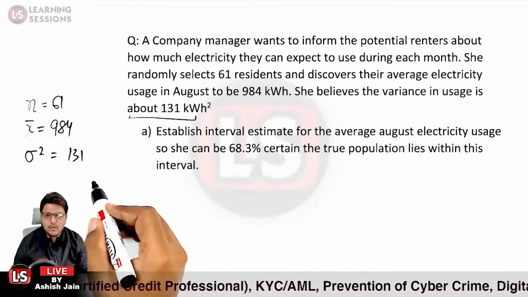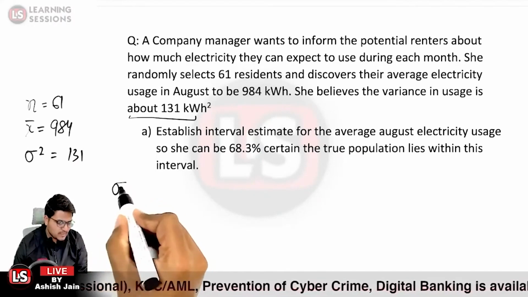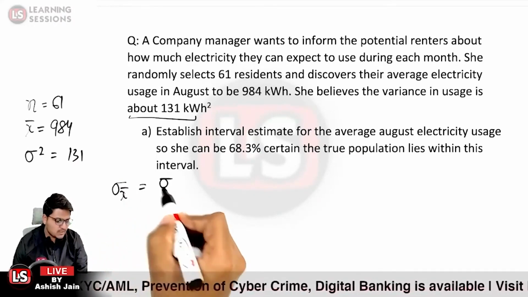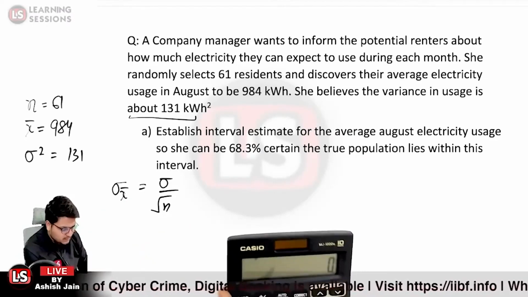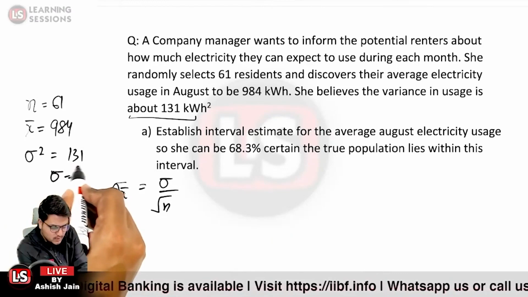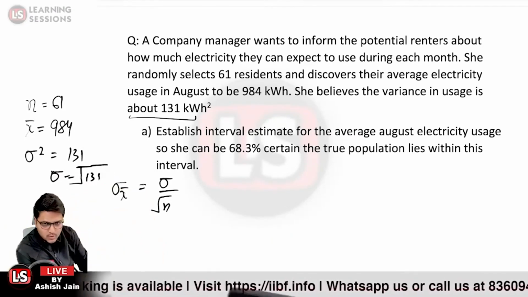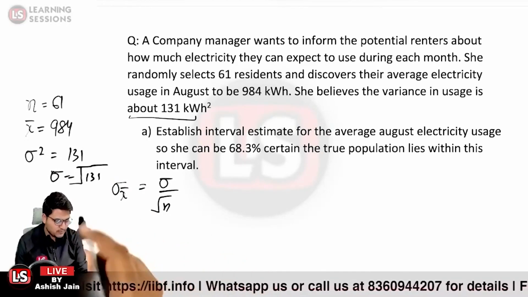So in that particular case, first of all, we will be calculating the value of sigma x bar, that is equal to sigma divided by under root of n. Now over here, we first calculate sigma, the standard deviation, which is equal to under root of 131, that is equal to 11.45.